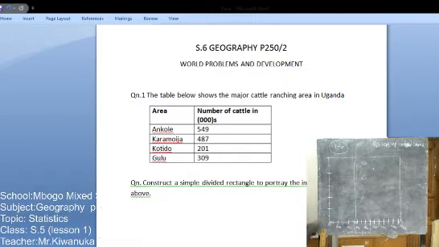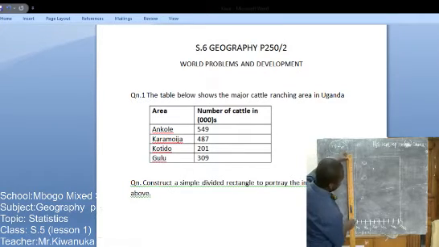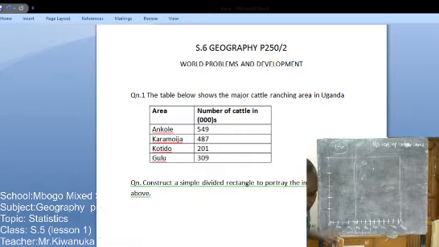I have used a freehand, but you have got to use a ruler. And what is this that we have drawn? That is Ankole. Then you label. That is Ankole.